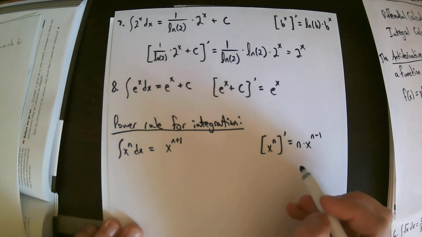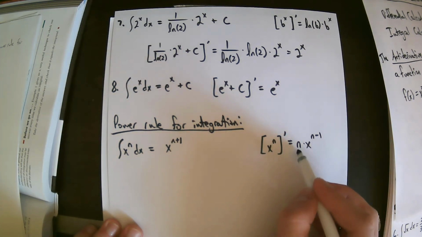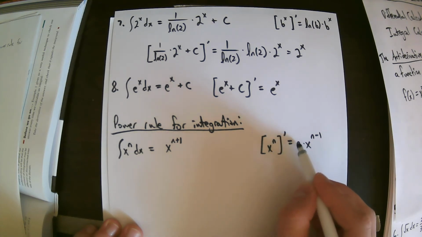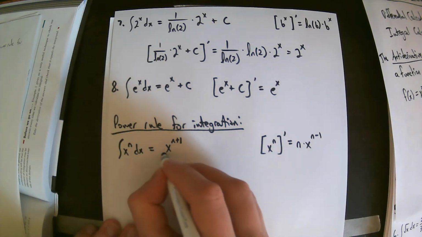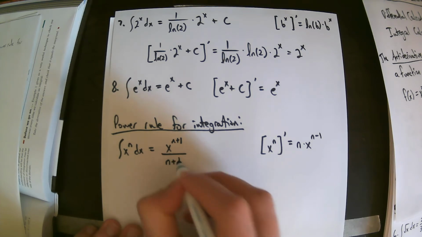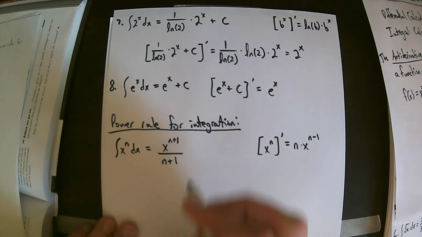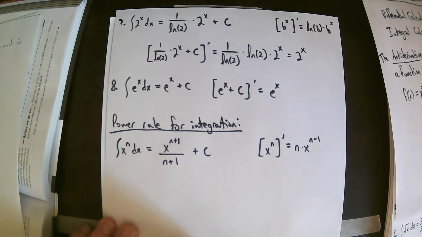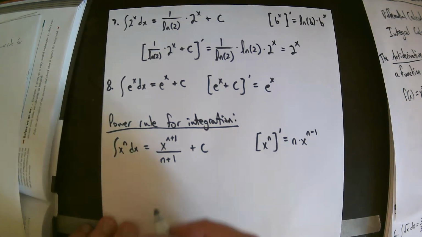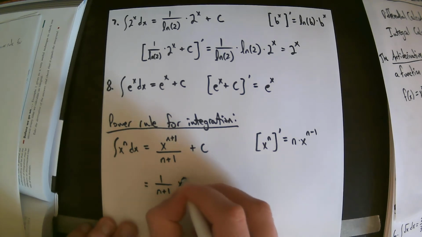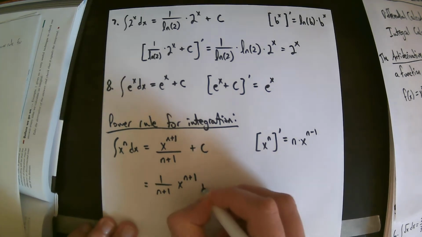And instead of multiplying by the old exponent n, now I'm going to divide by that new exponent, n plus 1. Plus c. This can also be written as 1 over n plus 1 times x to the n plus 1 plus c.